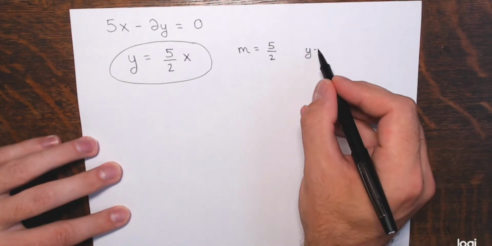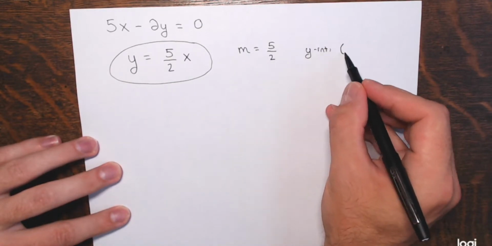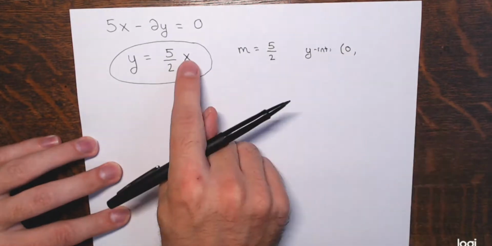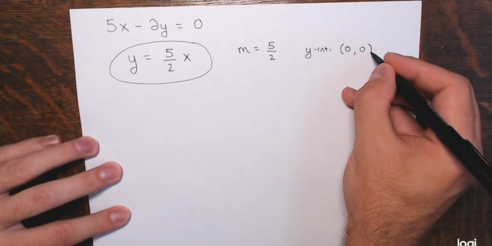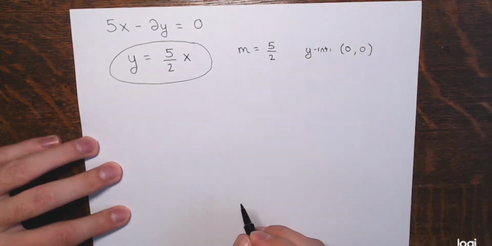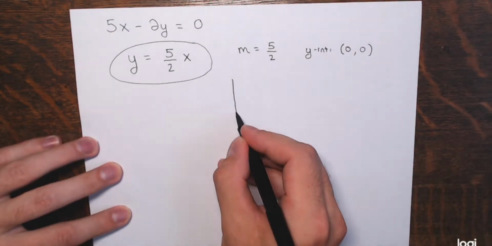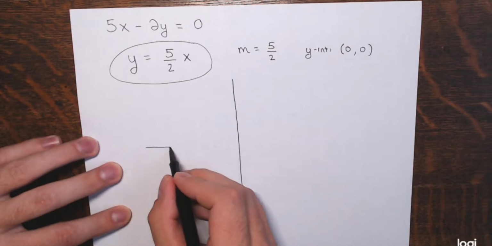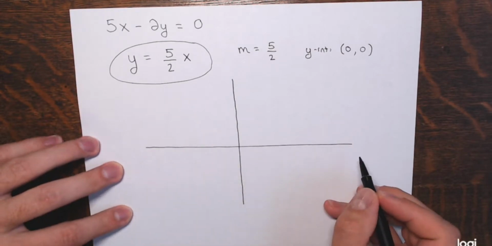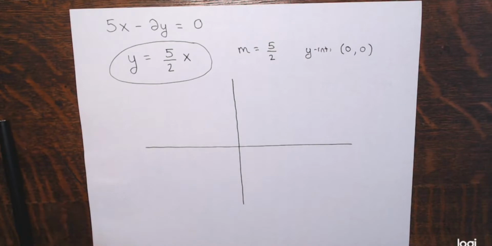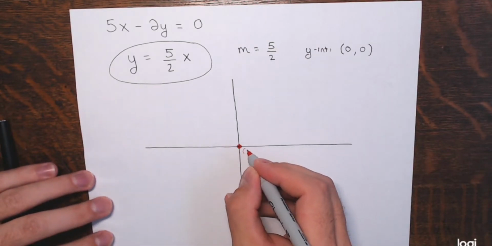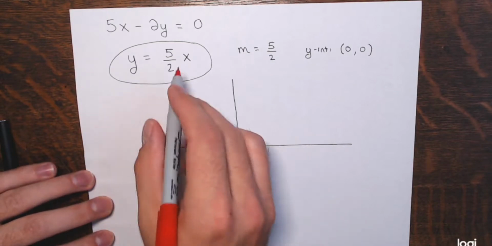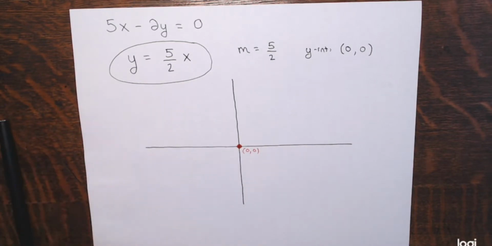And the y-intercept, if x were 0, y would also have to be 0. Alright, so the y-intercept is the origin. And then when we're making a graph, I plot the y-intercept. Right, so here is the y-intercept 0, 0. That's a solution of the equation. That's on the graph.